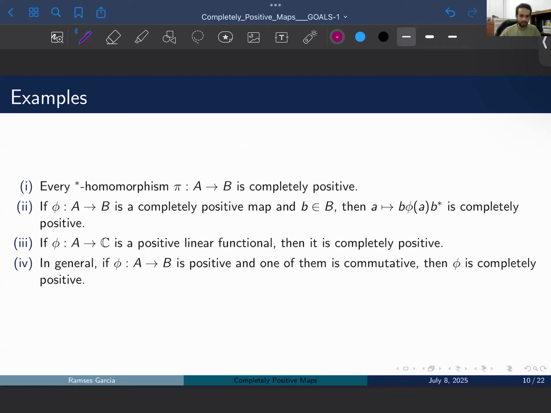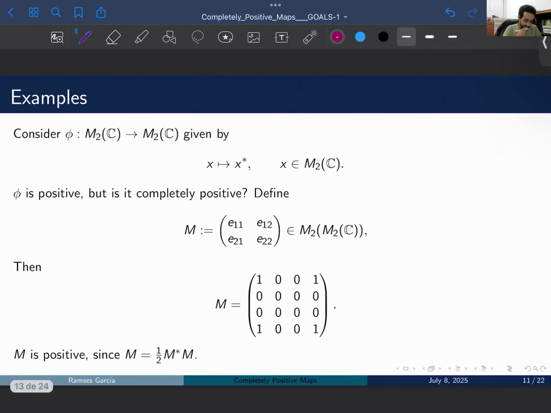Naturally, we should ask, are there positive maps that are not completely positive? This is an example of such a map. Consider the 2 by 2 matrices over the complex numbers, and define phi to send each matrix to its adjoint.